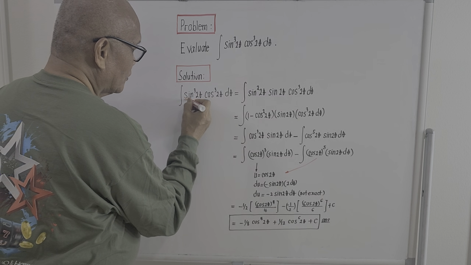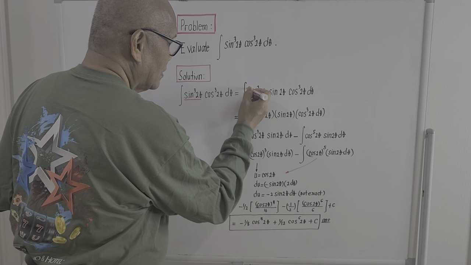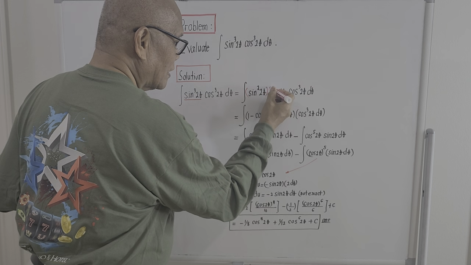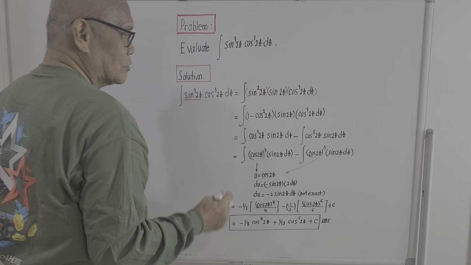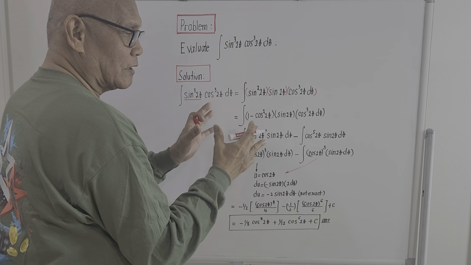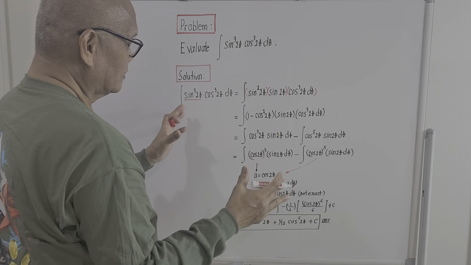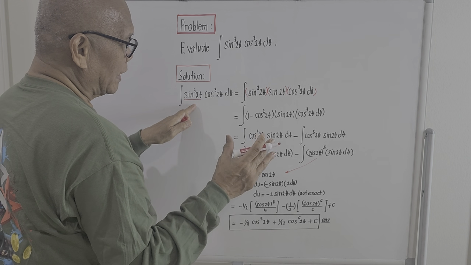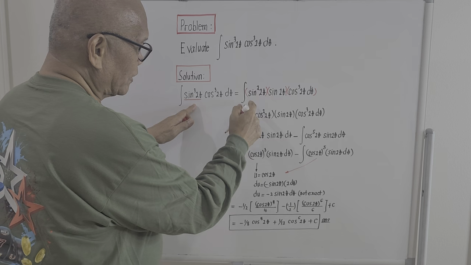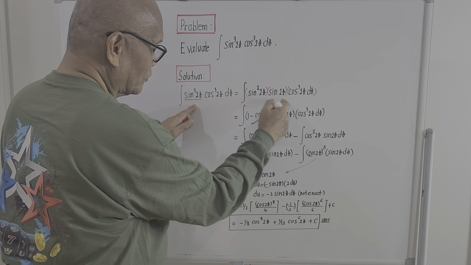I make sine cube of twice theta as the product of sine square of theta times sine of theta. So I place all the things under a quantity so we could visualize it. Meaning to say this sine cube of 2 theta, I rewrite it as just the product of sine square of theta, sine of 2 theta.